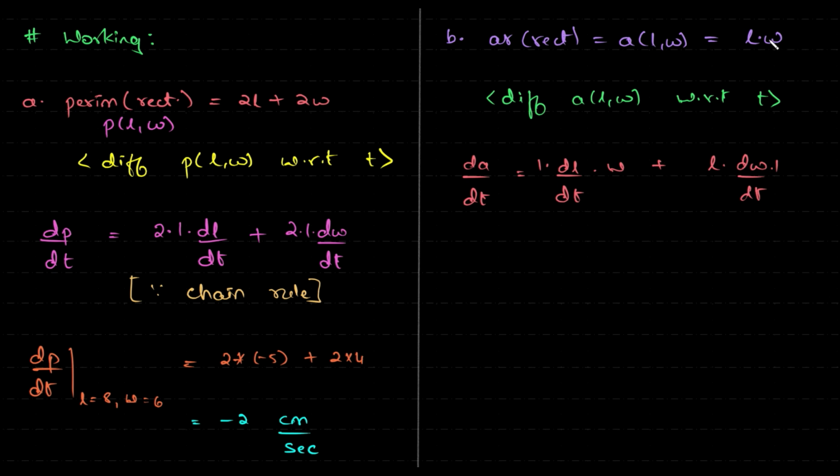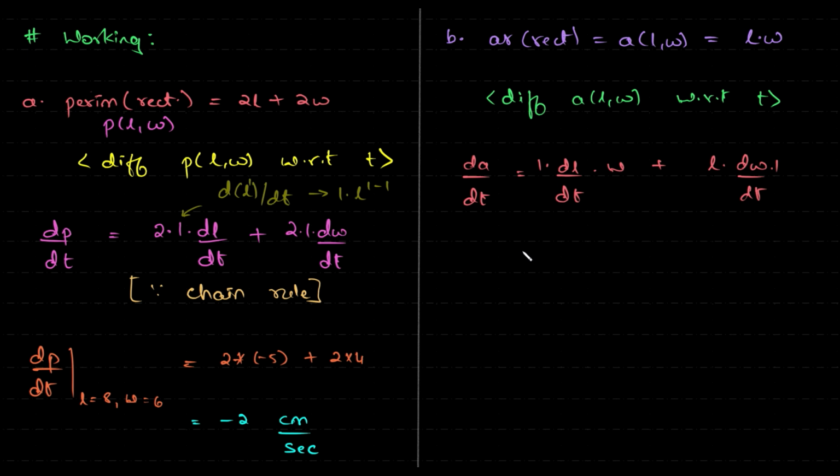Differentiation of w to the power of 1 is 1 into w to the power of 1 minus 1, that is w to the power of 0. Let me make it clear here itself. Differentiation of L with respect to time will give us 1 because the power is 1, so basically 1 into L to the power of 1 minus 1. I think it should be very clear.